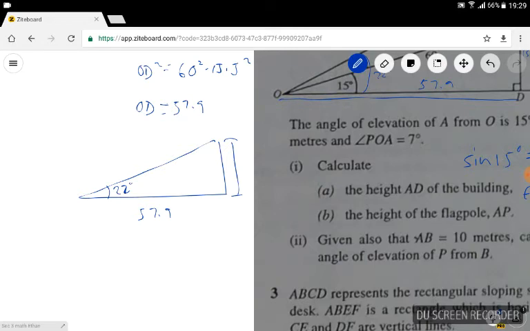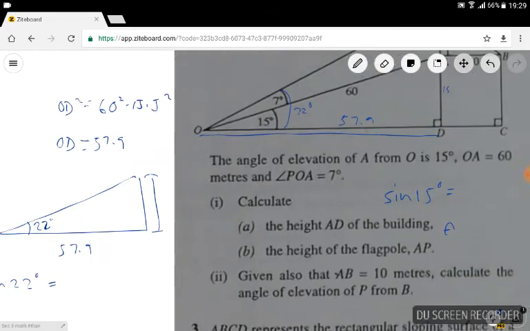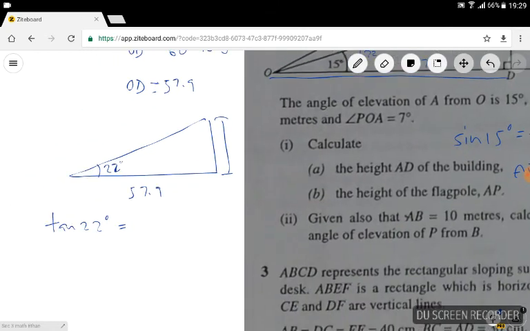This is the opposite, right? So tangent. Tangent 22 equals opposite over adjacent. So this whole thing is called PD. Opposite PD over 57.9. So PD equals, what's tangent 22? 0.4 times 57.9. So we get 23.4.